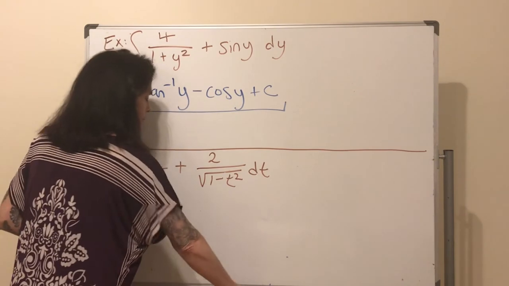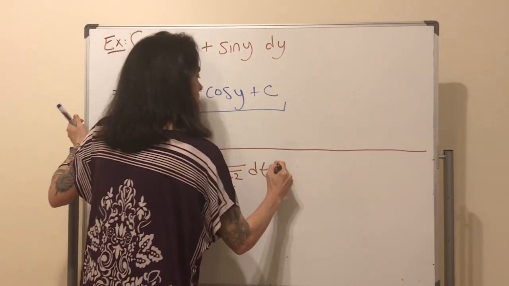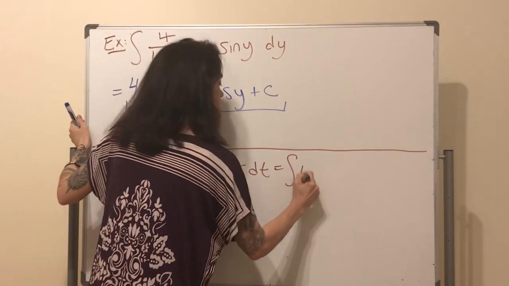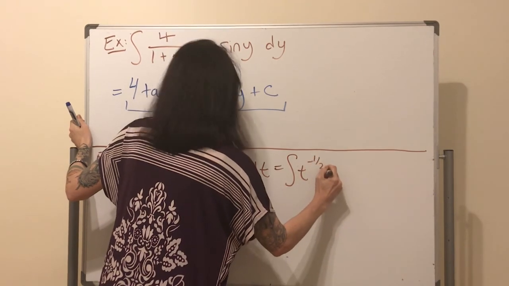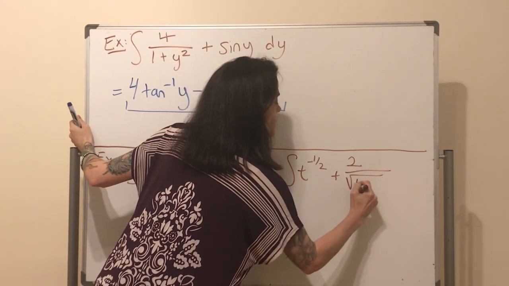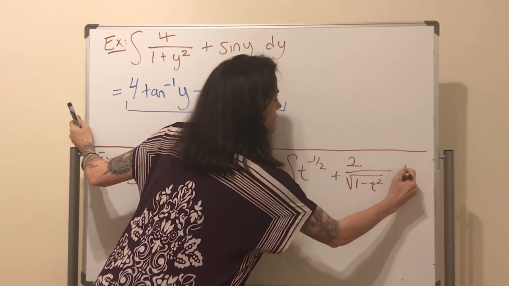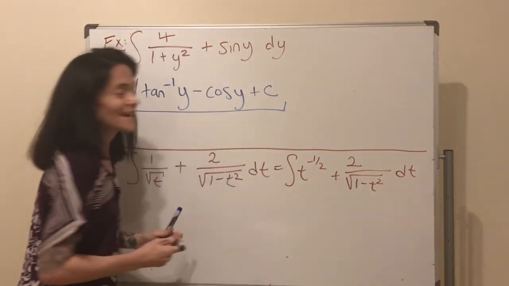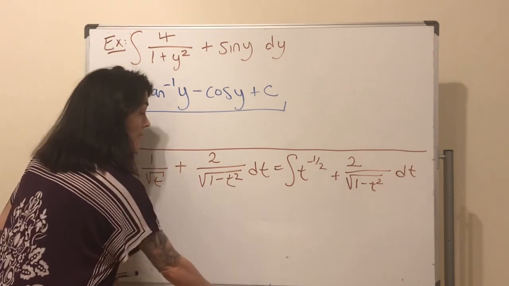So maybe I will rewrite the first term. This is the integral. It's t to the negative 1/2 plus 2 over square root 1 minus t squared dt. And now I'm ready for the power rule.